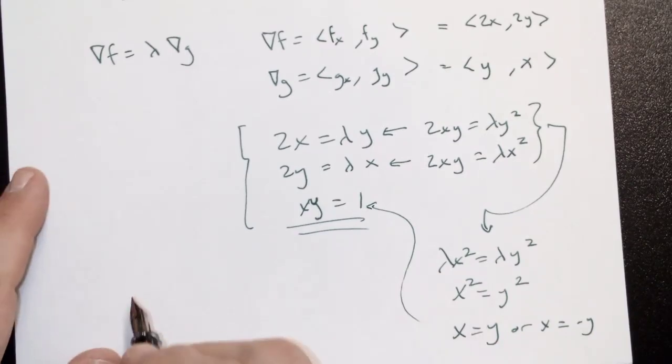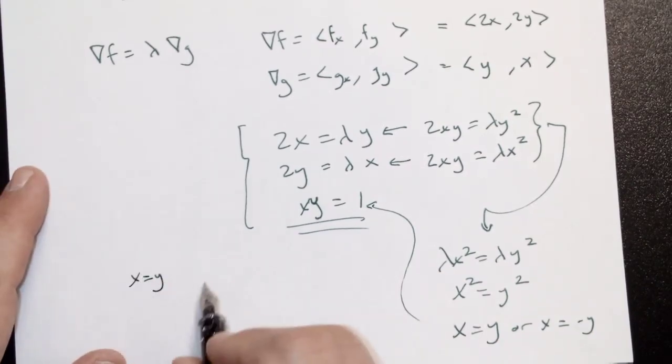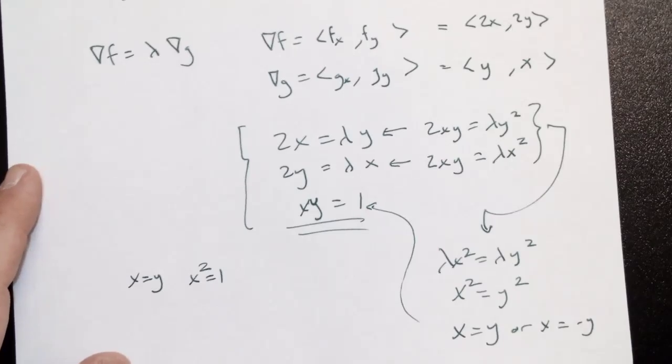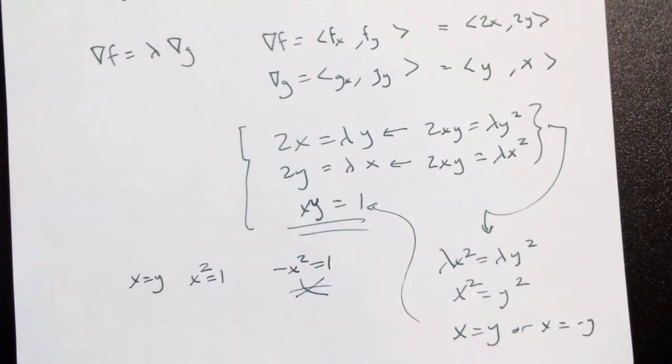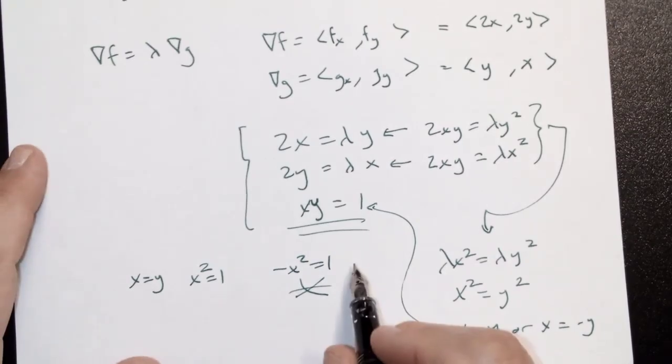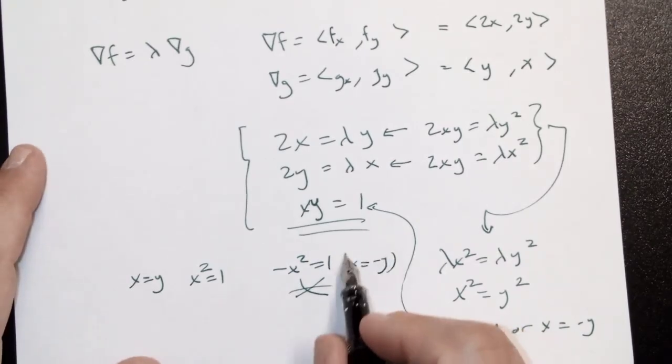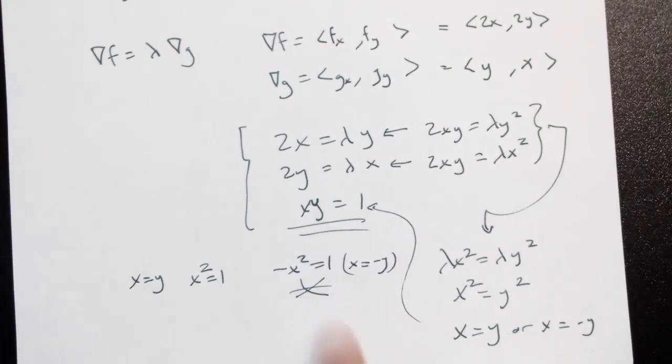If x is equal to y, then I get x squared equals 1. If x is equal to negative y, I get negative x squared equals 1. That's never going to happen. So I don't have to worry about that. I only have to worry about this.